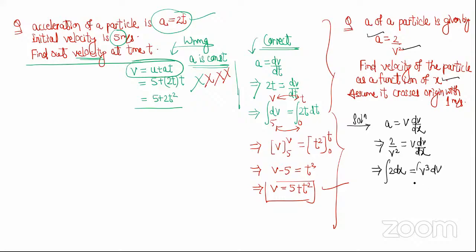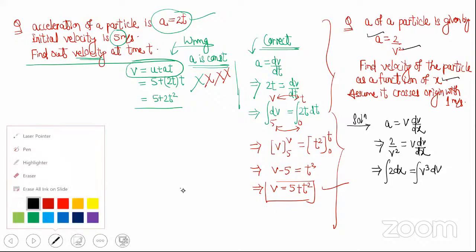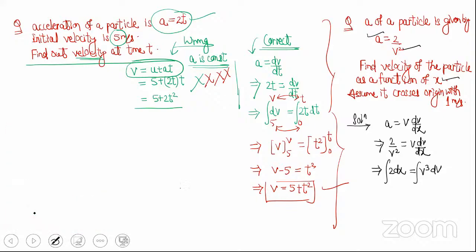Let me integrate. Let me put limits. So this extra information is required to put limits. It crosses origin. Origin means x equal to 0 with velocity 1 meter per second. That means velocity is 1. So at x, how much is v? This is how we put the limits.